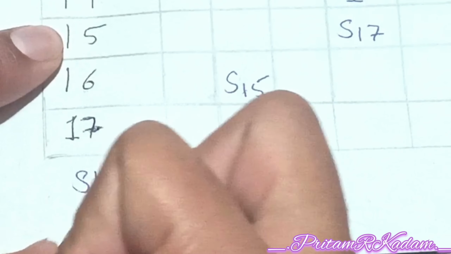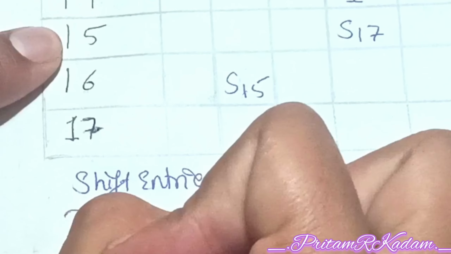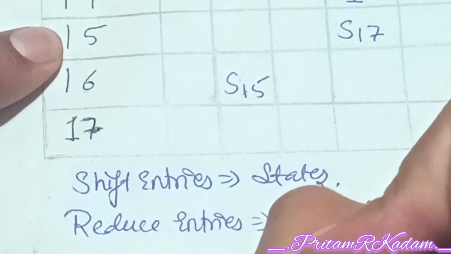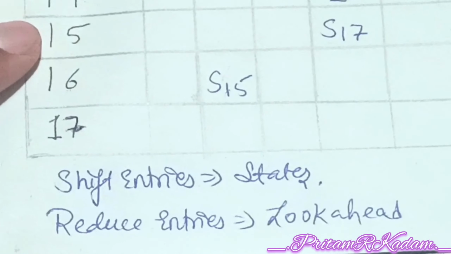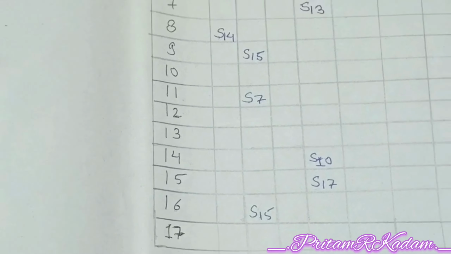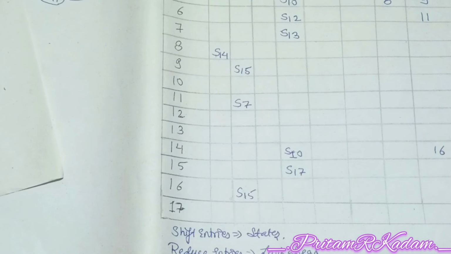Okay, and for the reduce entries, we will see the look ahead part. So reduce entries equals to look ahead. Okay, so now let us start putting the reduce part or reduce entries.